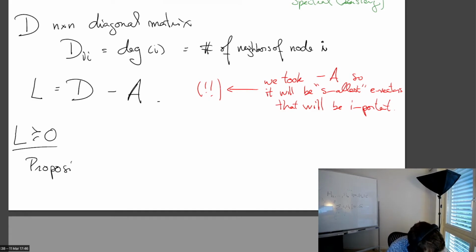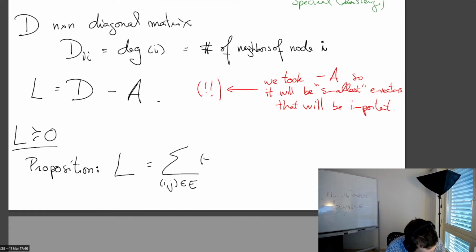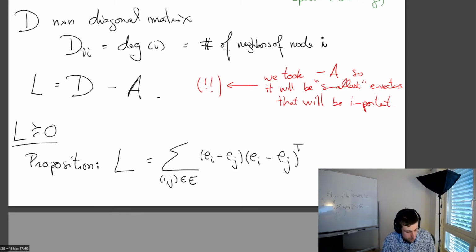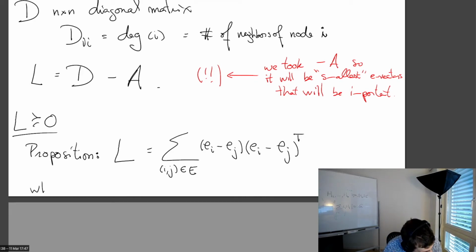So proposition: L defined this way is equal to a sum over edges of (e_i minus e_j)(e_i minus e_j) transpose, and this is actually maybe how one should define the graph Laplacian, where e_i is the ith canonical basis vector.